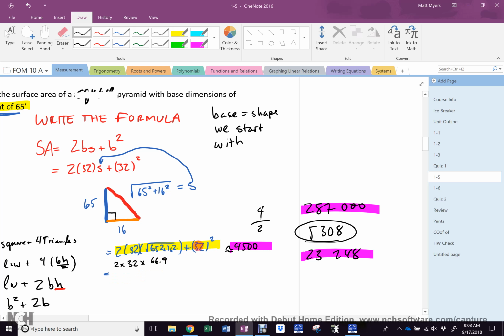And then, as a second number, he did 32 squared, which I think is 1,024. Then he had 2 numbers here, whatever that was, which was 64 times 66.9. He did that on his calculator, got a number, and then he added 1,024.